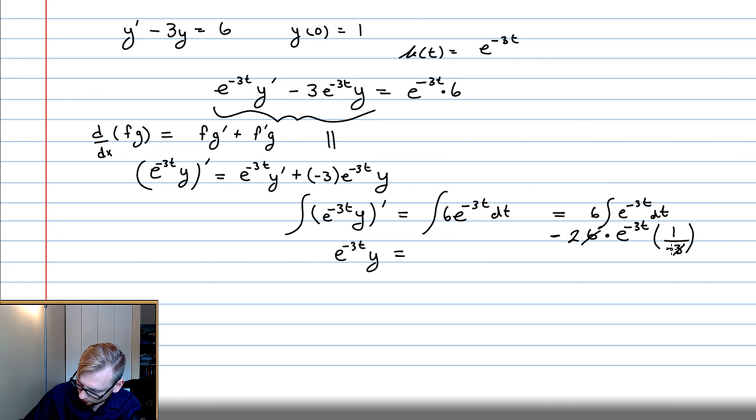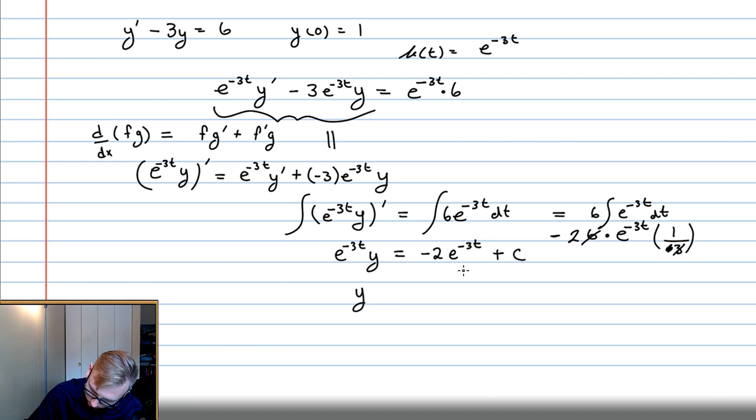And there's still the negative in front. So this equals negative 2 e to the negative 3t, and, well, plus some constant. You want to write that constant in there. Now, well, we want to just get the y by itself, so we'll multiply by e to the 3t along everything.